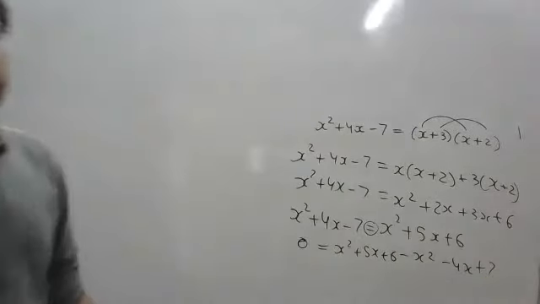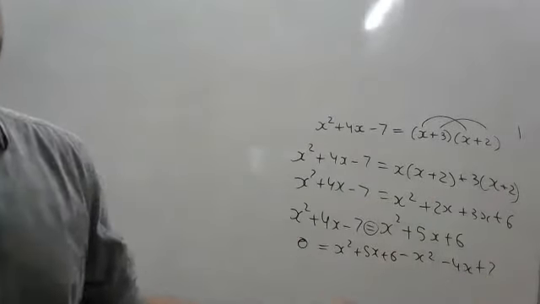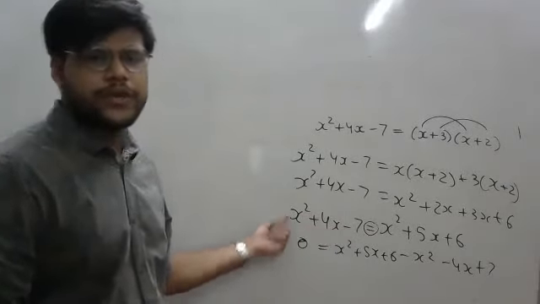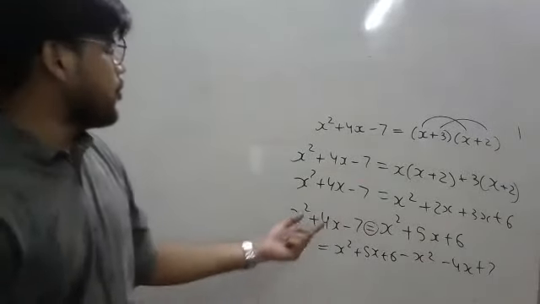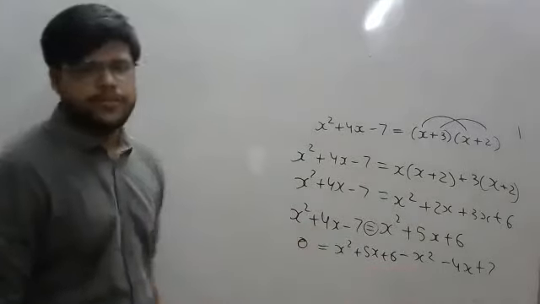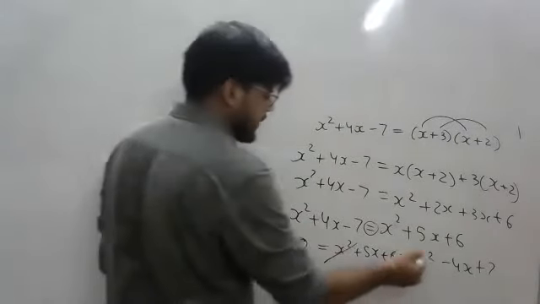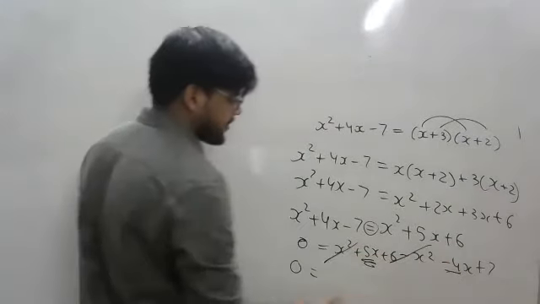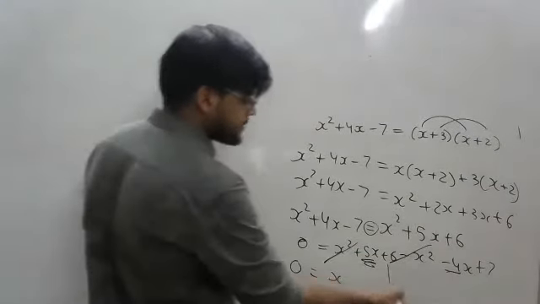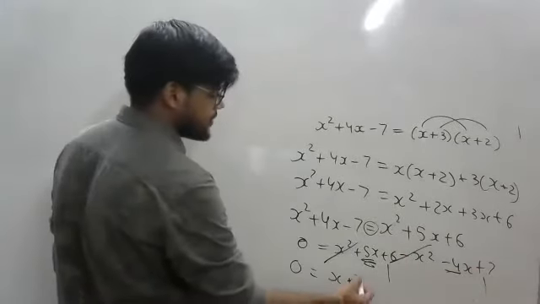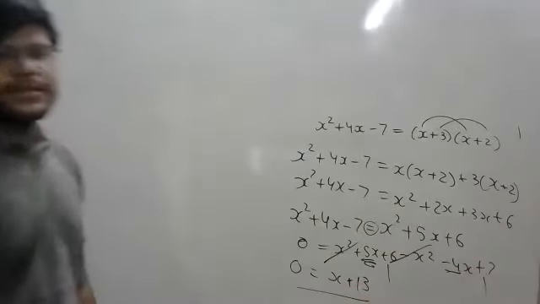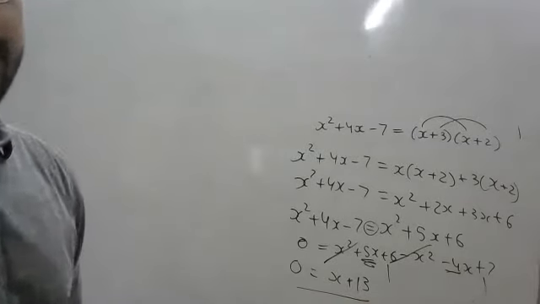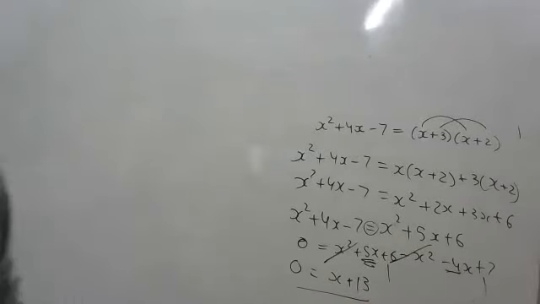So we have shifted all the terms from the left side of the equal sign towards the right, and therefore their signs change. Now x square minus x square will get cancelled out. 5x minus 4x would be x, and plus 6 plus 7 would be 13. So x plus 13, you can call it a linear equation, a linear polynomial.